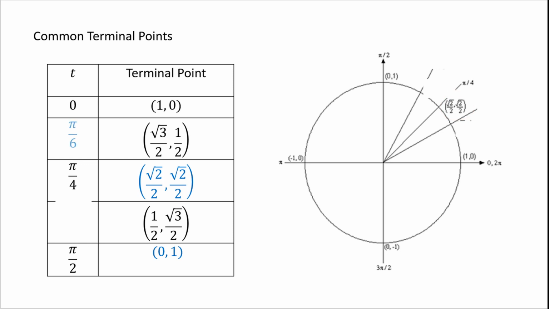Now pi over 6, solved similarly, is (square root of 3 over 2, 1/2). And pi over 3, solved similarly, is (1/2, square root of 3 over 2).